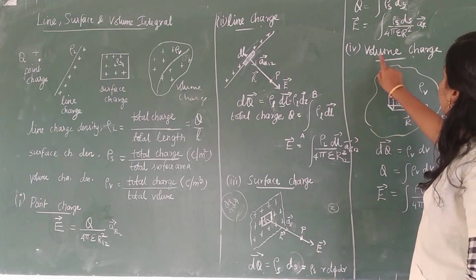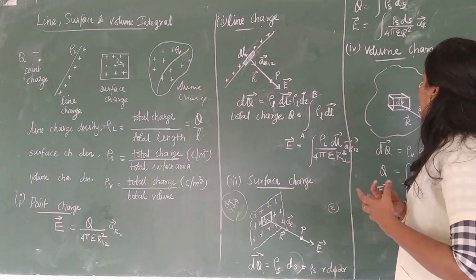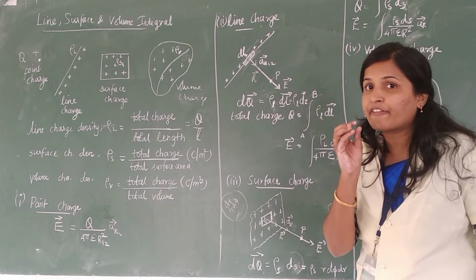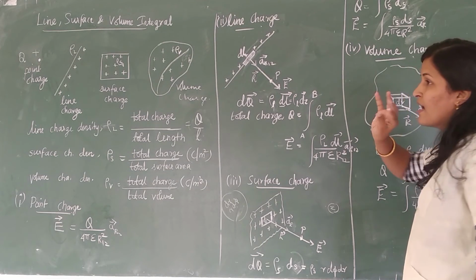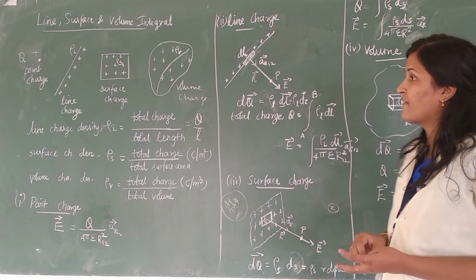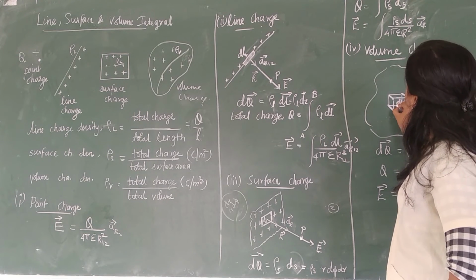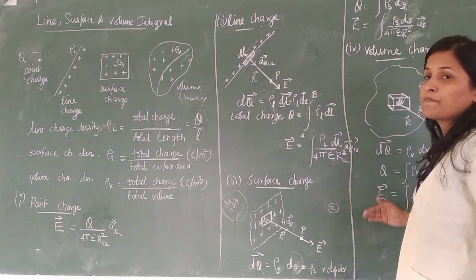Next is volume charge density. Volume charge means that throughout the volume you consider a small differential amount. This is the entire volume, and from it we consider a small cube having a volume of dv. The steps are similar.